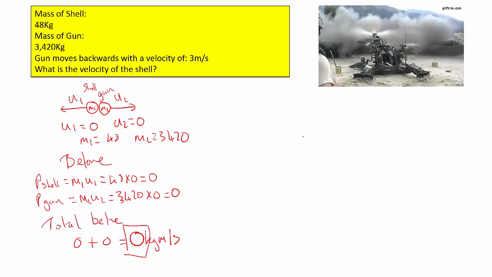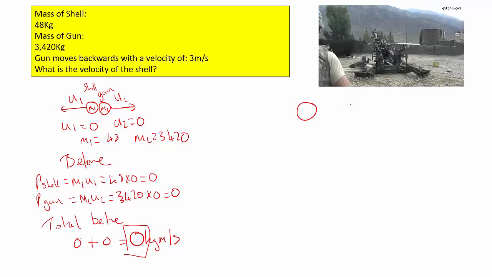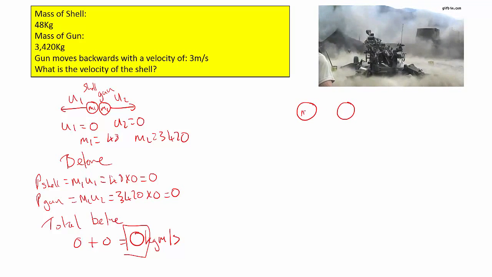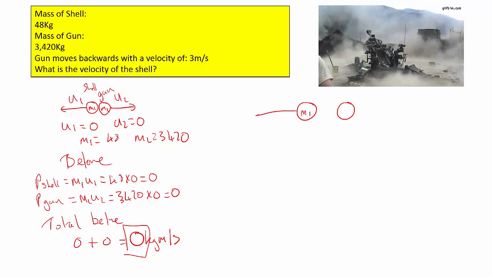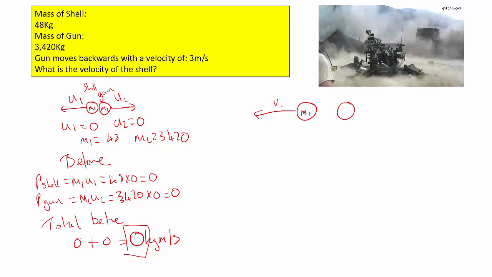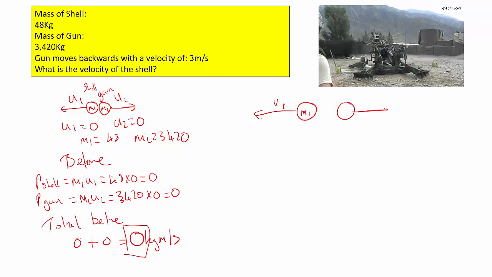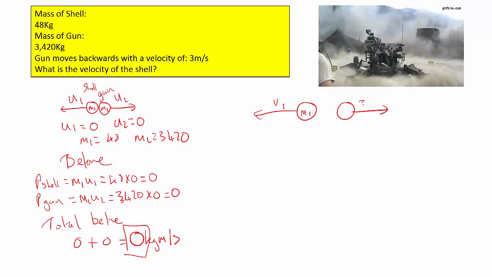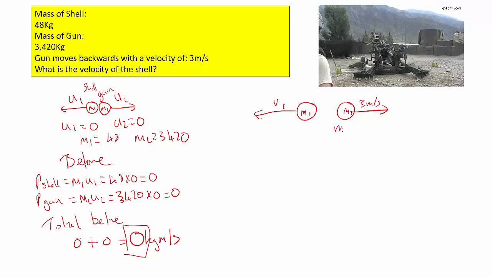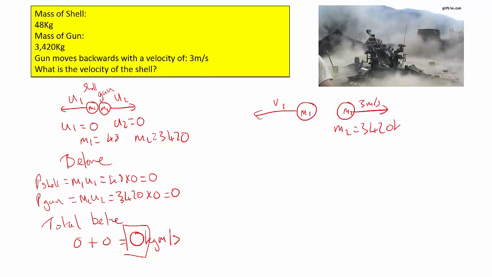Let's have a look at the after case. We have our shell and our gun moving away with different velocities. So this was M1, our shell, moving away, we're assuming with quite a high velocity, V1. And we have our gun moving away with a lower velocity of 3 meters per second. And we know it's got mass M2 equal to 3,420 kilograms.